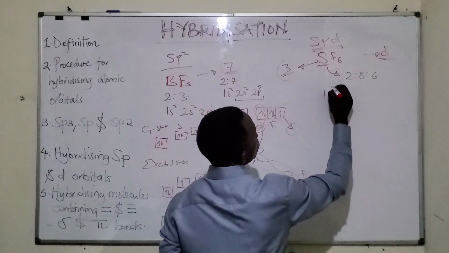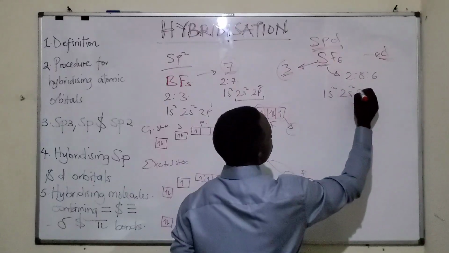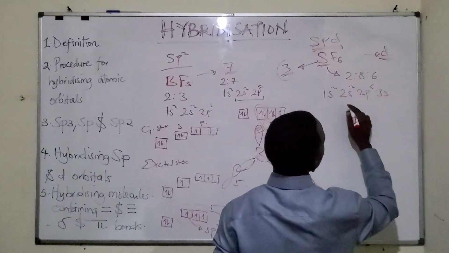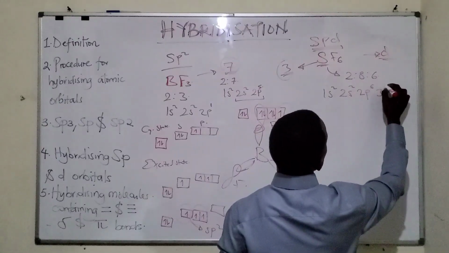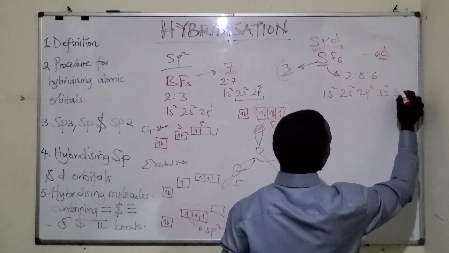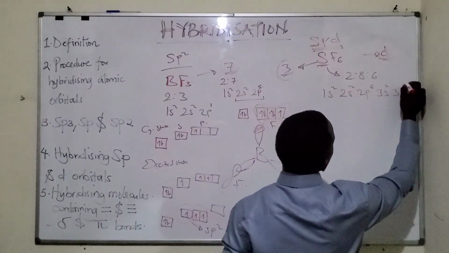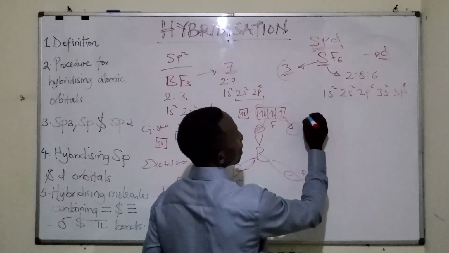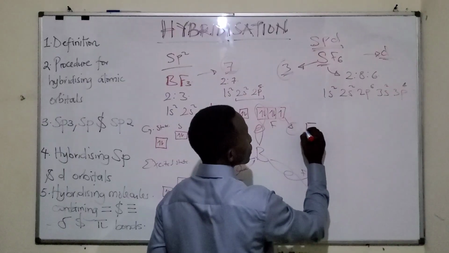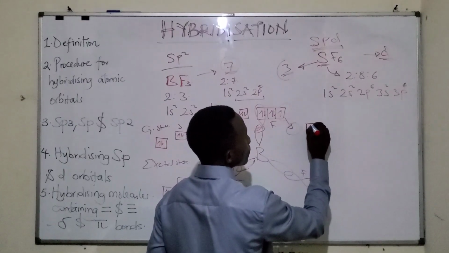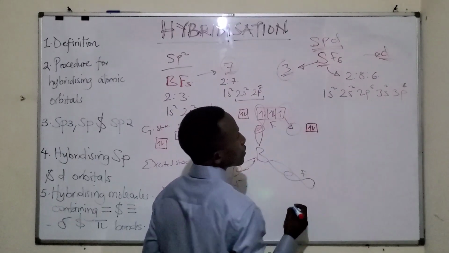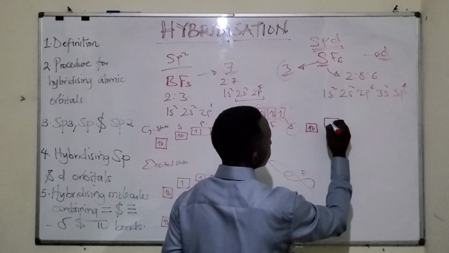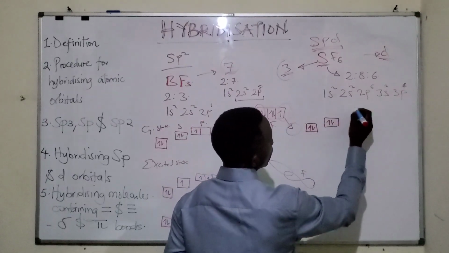It will be 1s2, 2s2, 2p6, 3s2, then 3p4. So it will be at the ground state. This is the 1s. Then you have 2s and 2p.